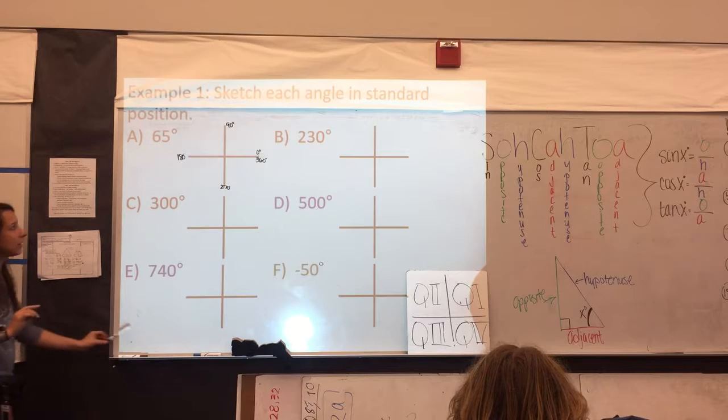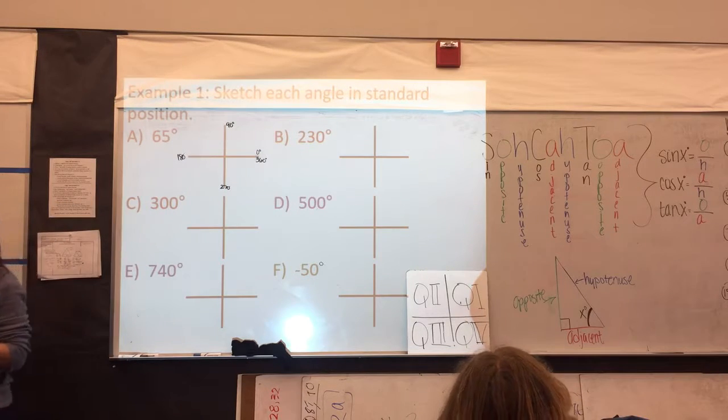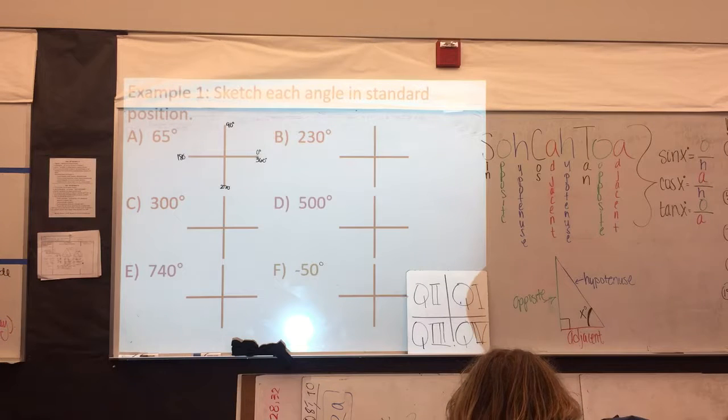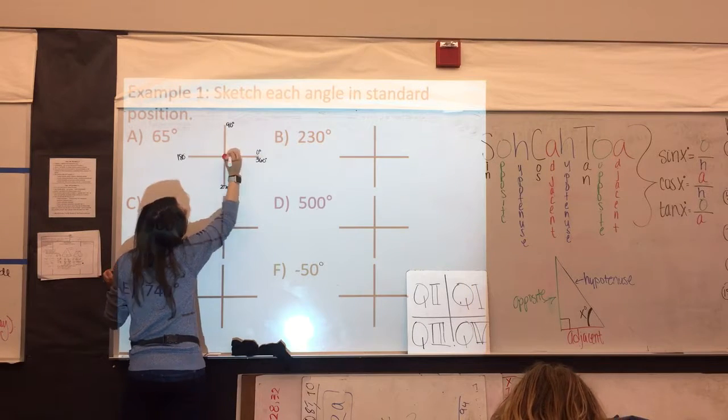Now I'm going to tell you about a little bit more vocabulary so we can sketch this angle. Okay? We always plot the vertex at the origin, which is right here in the middle. Okay?